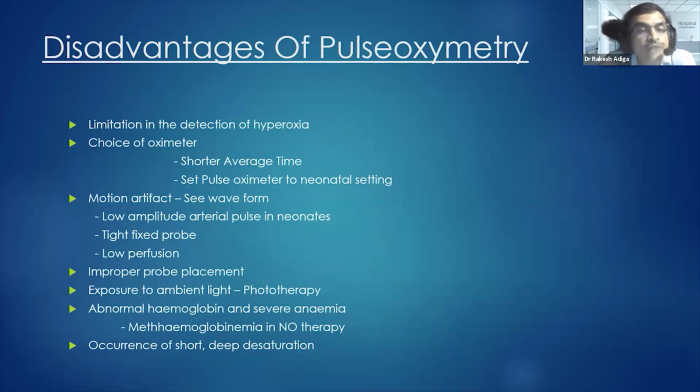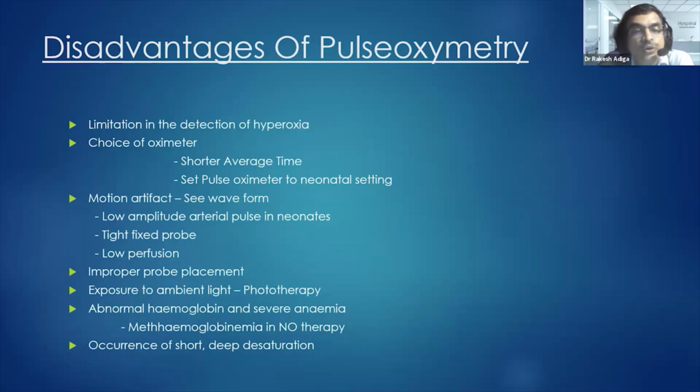Motion artifact, a tightly fixed probe and low perfusion can affect the pulse oximeter reading. So we have to see the waveform of the pulse oximeter, and we should see the ECG monitor heart rate. It should be equal to the pulse oximeter reading.